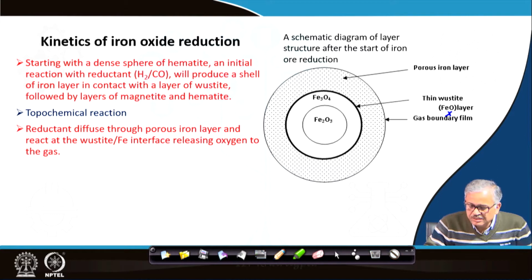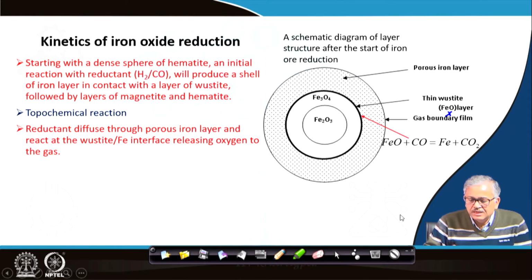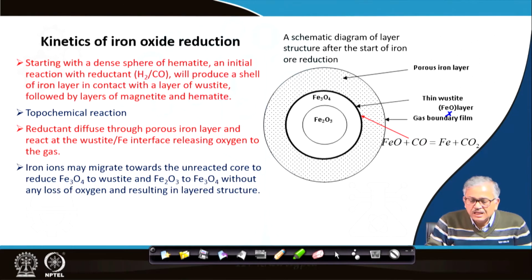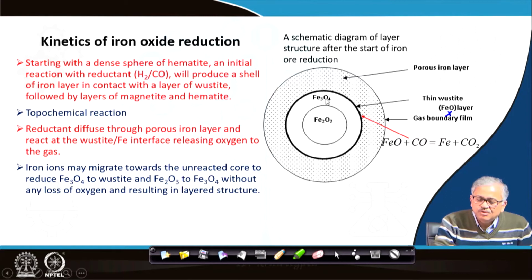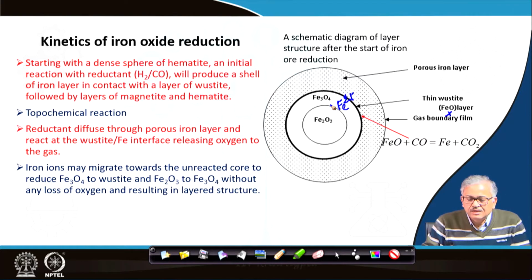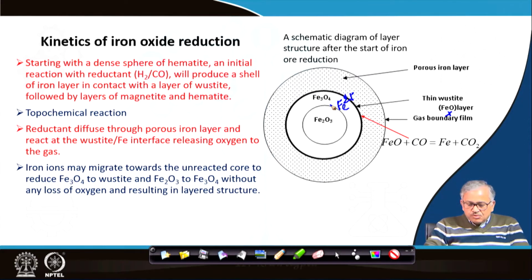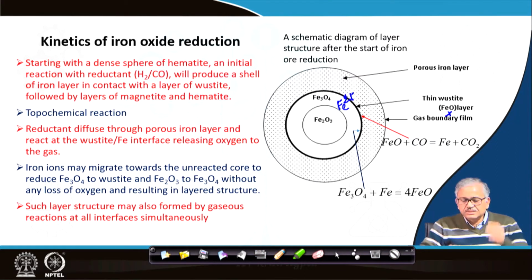One thing is the reaction that is taking place at this interface, FeO plus CO. The iron that is forming, the Fe2+ ion forming here, can migrate from this layer to here and react with the iron. These are the reactions that will take place.